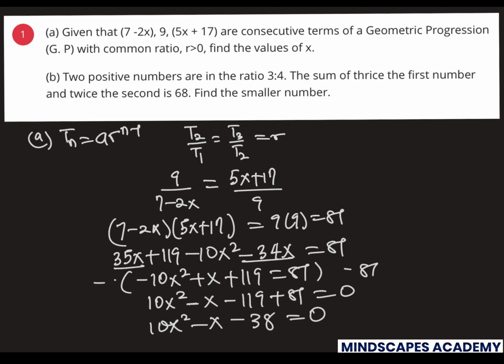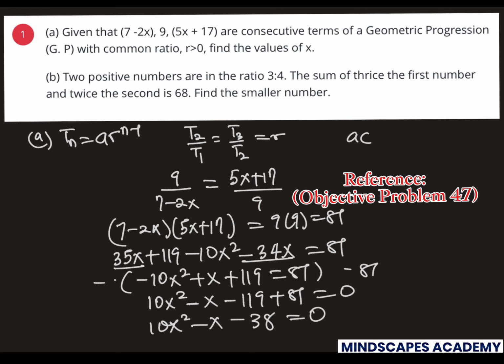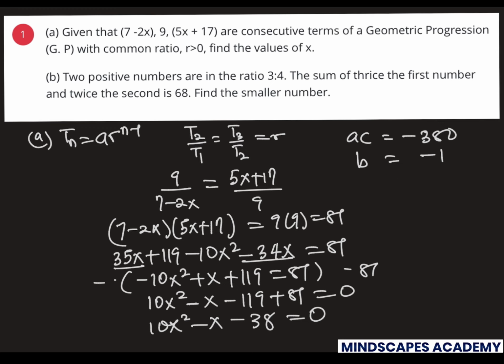So once again, our AC will be negative 380, and our B is negative 1. So two numbers you will multiply to have negative 380, and you will add to have negative 1. What are those numbers? Something should come to your mind: 19 and 20, right? You know that 19 times 2 is 38.